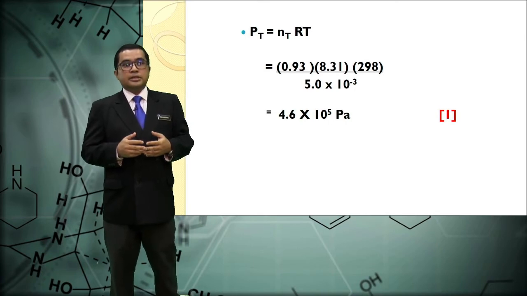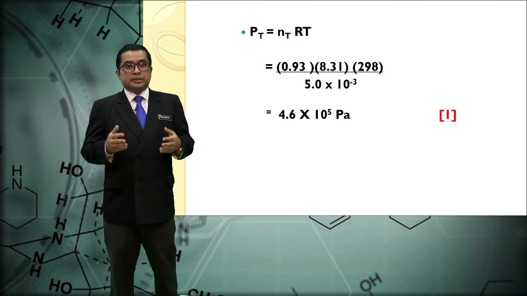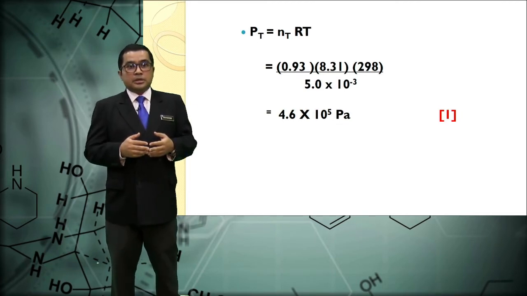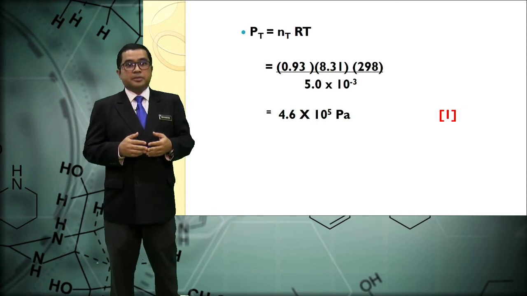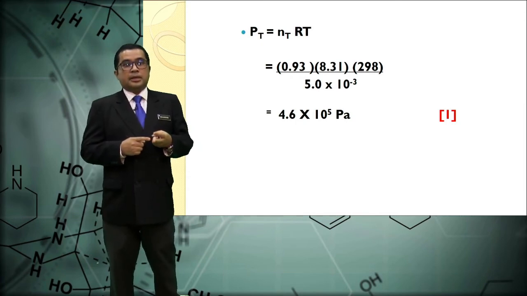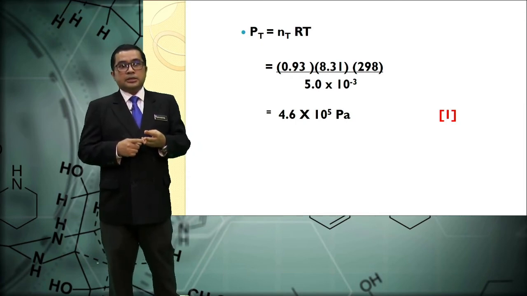For the substitution you must substitute the correct unit. For example, the correct unit of temperature is Kelvin, and the correct unit for volume is meter cubed. Then you calculate all the information and you will get the answer.